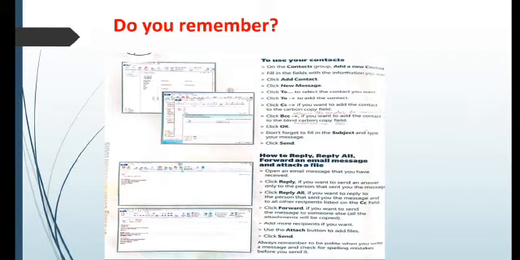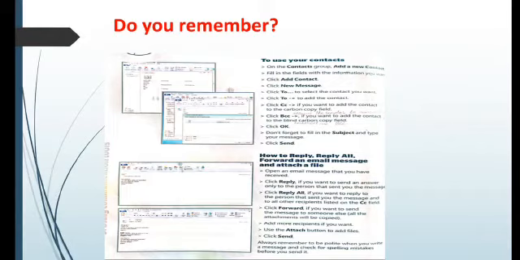If someone is adding your contact, then you can add from their contact, and if you want to type an email address, you can type it. Click CC. If you want to add the contact to the carbon copy field, click BCC. CC stands for carbon copy and BCC stands for blind carbon copy.